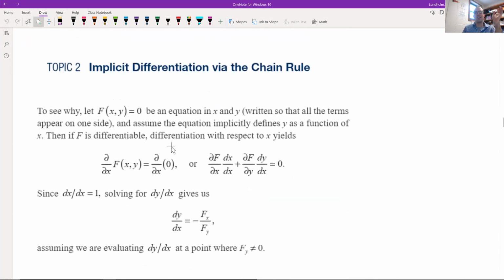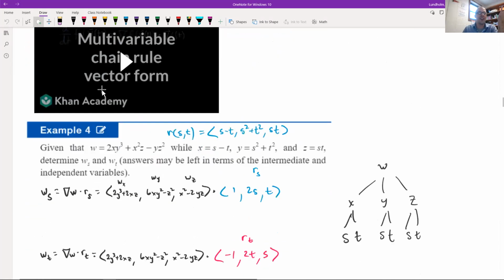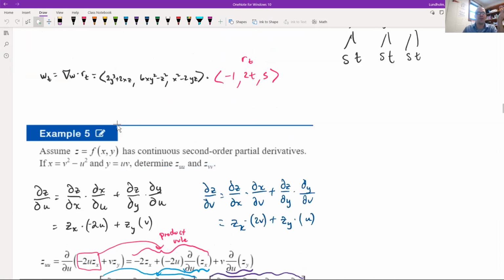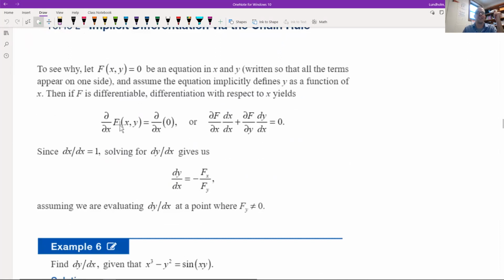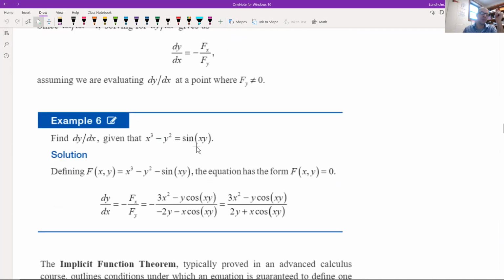The last major topic, I know, there's another one, right? The last major topic in this section is implicit differentiation via the chain rule. Instead of being given a nice formula for a dependent variable, now we're going to do implicit differentiation and make our lives easier, rather than doing a bunch of multivariable chain rules.